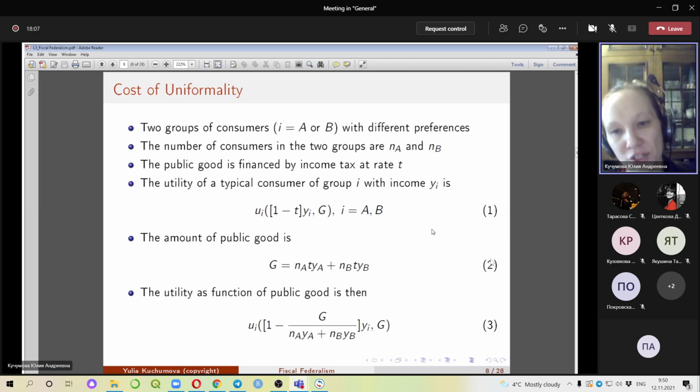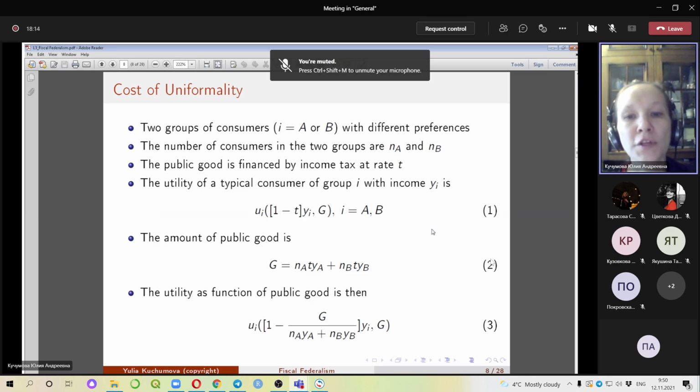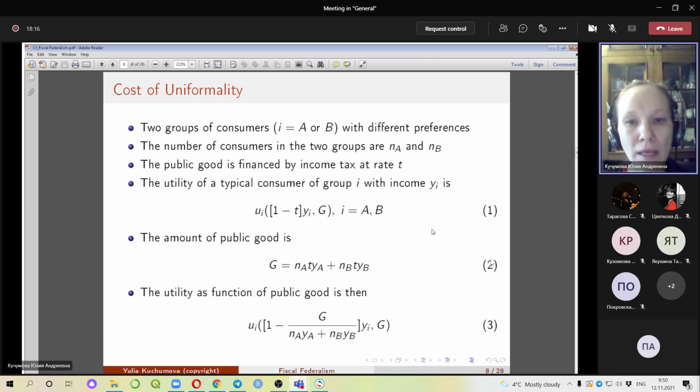given by equation 1. So it's ui that depends on the consumption of the private good, and the money that is left for the private good is 1 minus t multiplied by yi. So it's kind of the budget constraint.